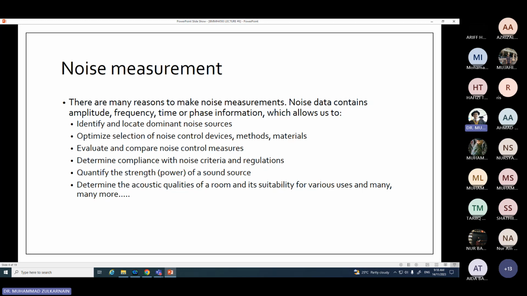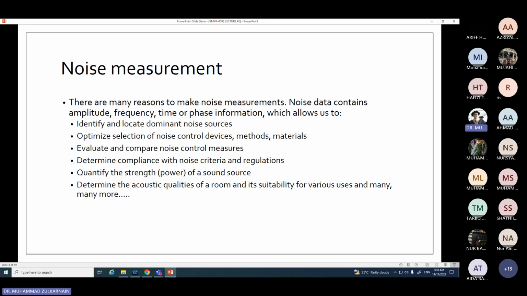So how do we try to reduce this number? We try to identify the source first, and then we try to solve the problem. That one we call the evaluation.